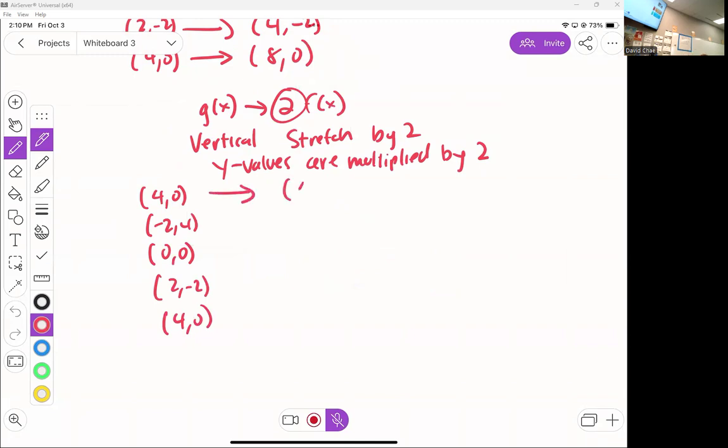So it'll be -4, 0, -2, 8, 0, 0, 2, -4, and 4, 0. So we just multiplied each y value by 2.